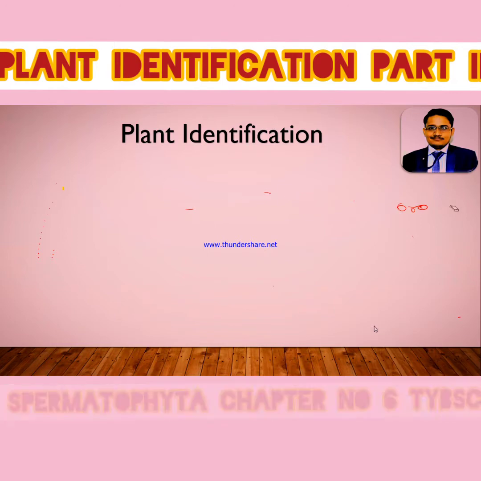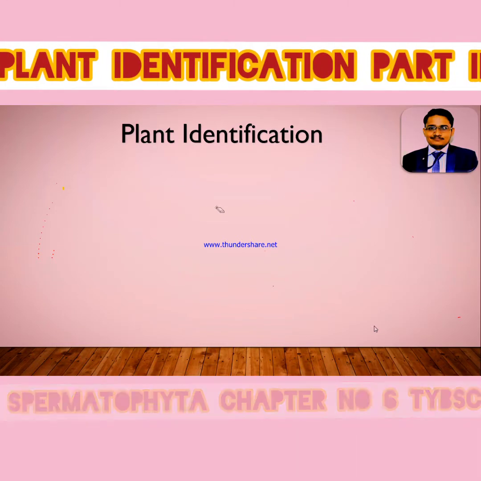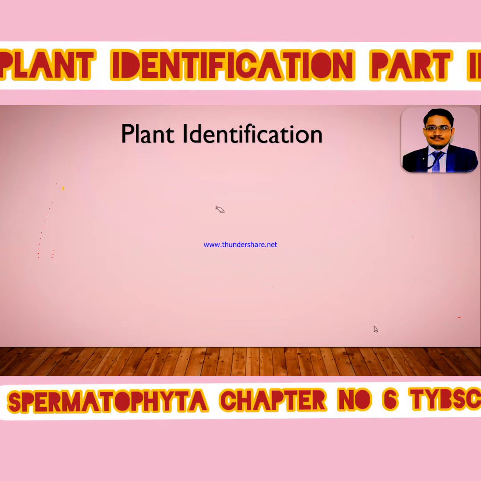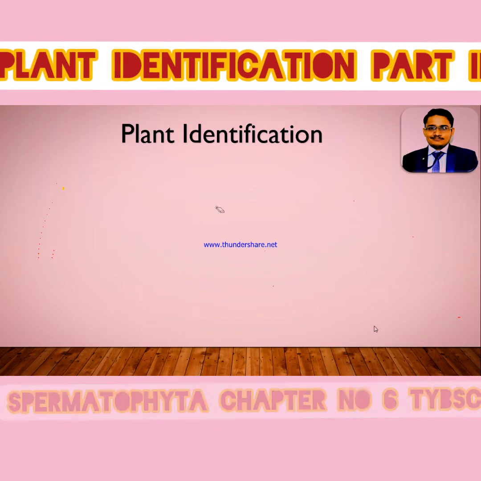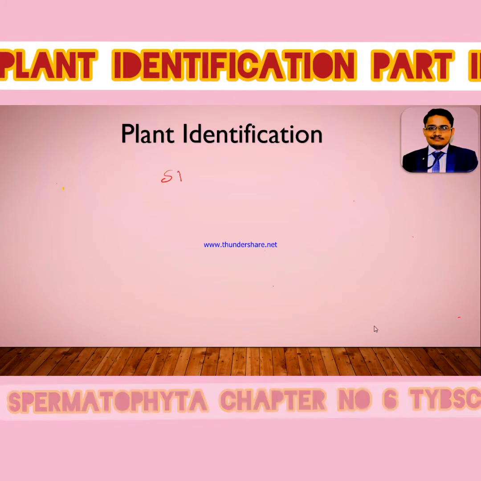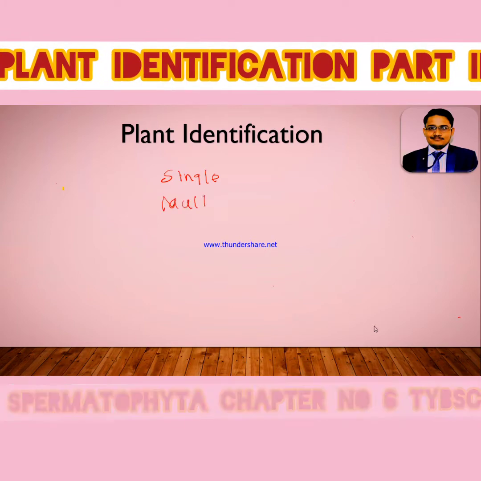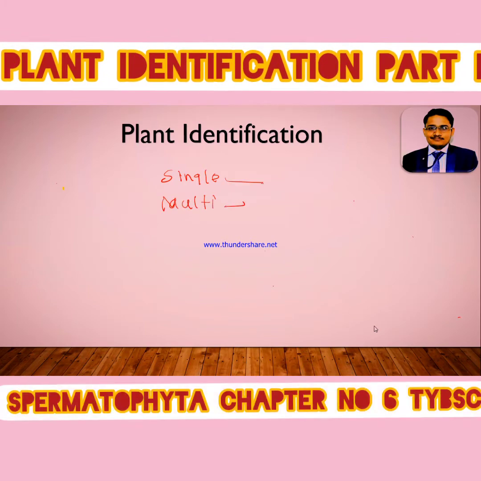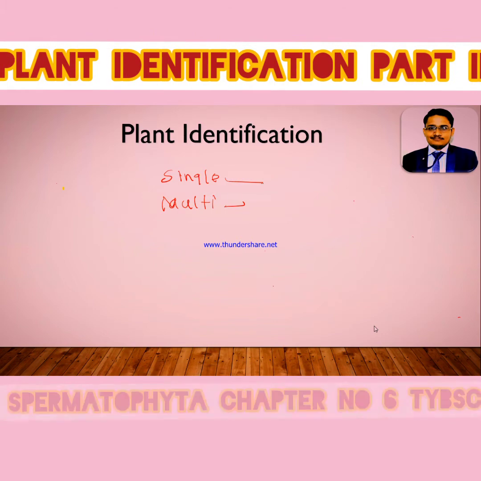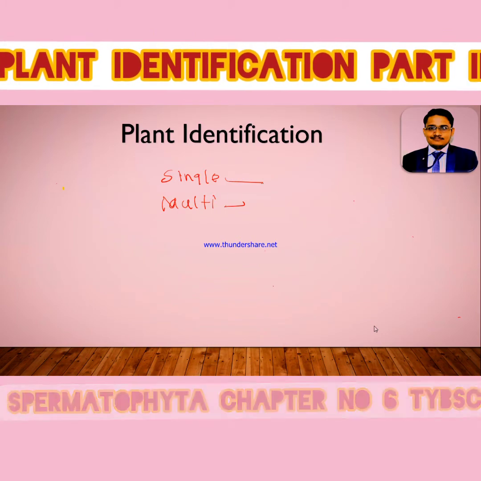Now I am going to explain the types of keys. There are two types of keys. First, single access, and second, multi-access. Single access means only one source is used.